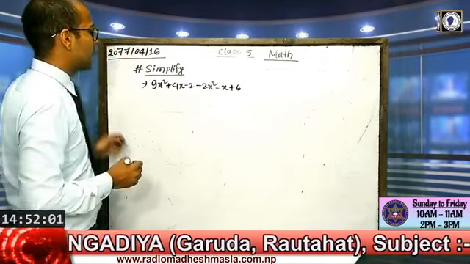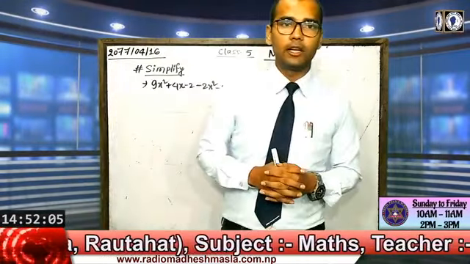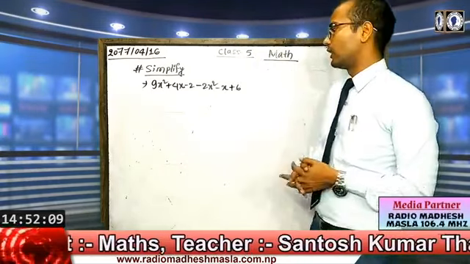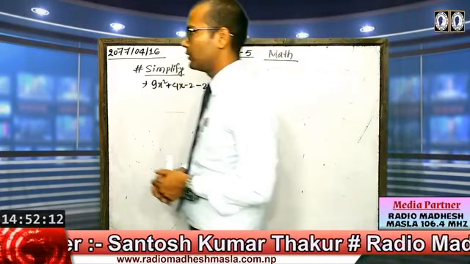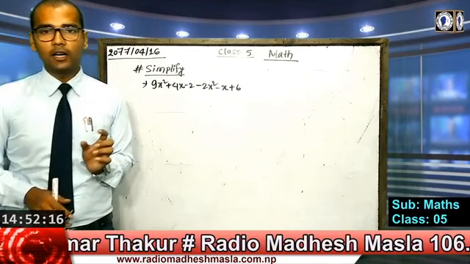Students, as you know, while adding or subtracting we should arrange the like terms in the respective columns, or at one place.